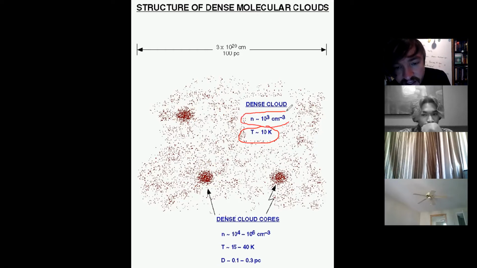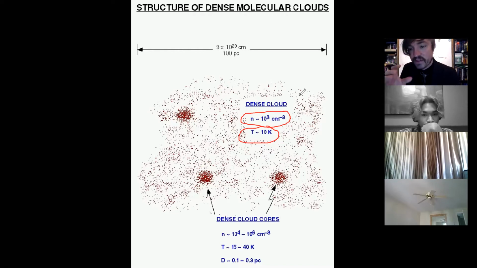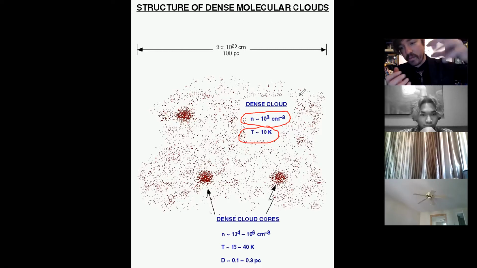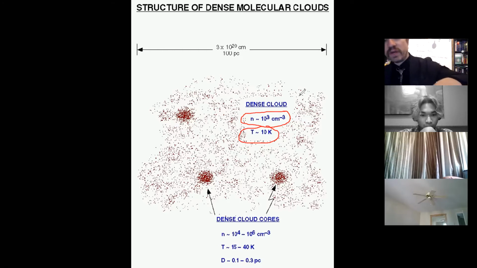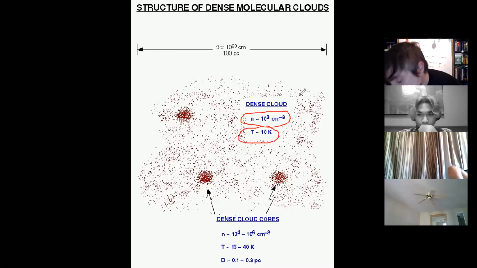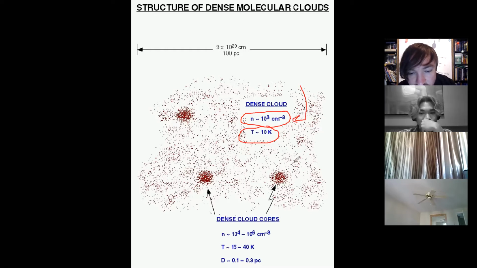And a number density of 10 to the 3 particles per cubic centimeter is lower density than the best terrestrial vacuums. Even if you had a ball jar of hydrogen gas and tried to suck it all out with a vacuum pump, you cannot get the density down to that low of a number. So this is much lower density than the best vacuums that we can produce in a laboratory.